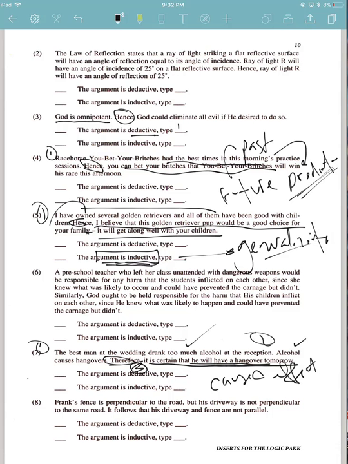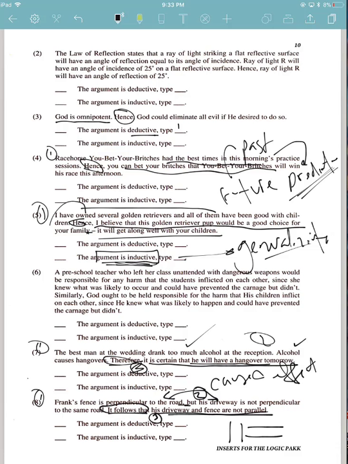But here, let's look at this one. This one's good too. Number 1, and number 2, and then it follows that, number 3. We know it follows that is a conclusion indicator, so we know that's the conclusion. And 1 and 2 are the 2 premises. The fence is perpendicular to the road. So here's the road, here's the fence. But his driveway is not perpendicular to the road. So here's his driveway. It follows that his driveway and fence are not parallel.